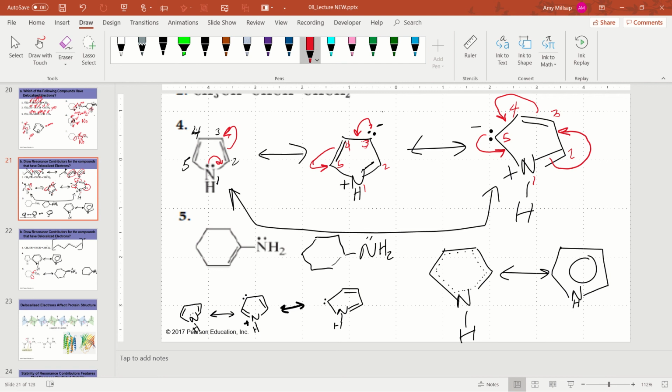So what I would do is I would move these electrons into a pi bond and these pi electrons into a lone pair, and then draw the resonance structure that I have indicated by my electron flow arrows. So pi bond between N and C and a lone pair at the C. And that takes us through this example, and we've drawn all the resonance contributors.